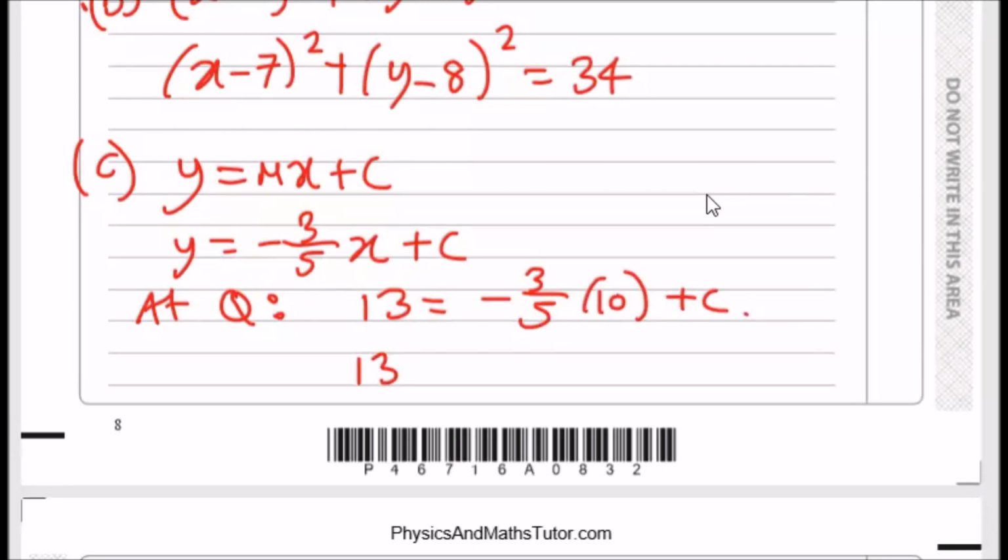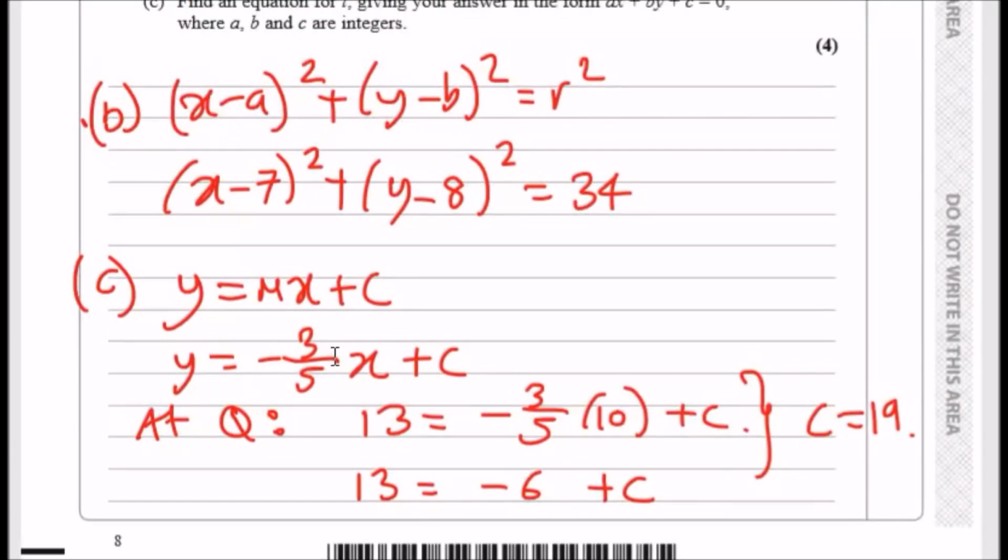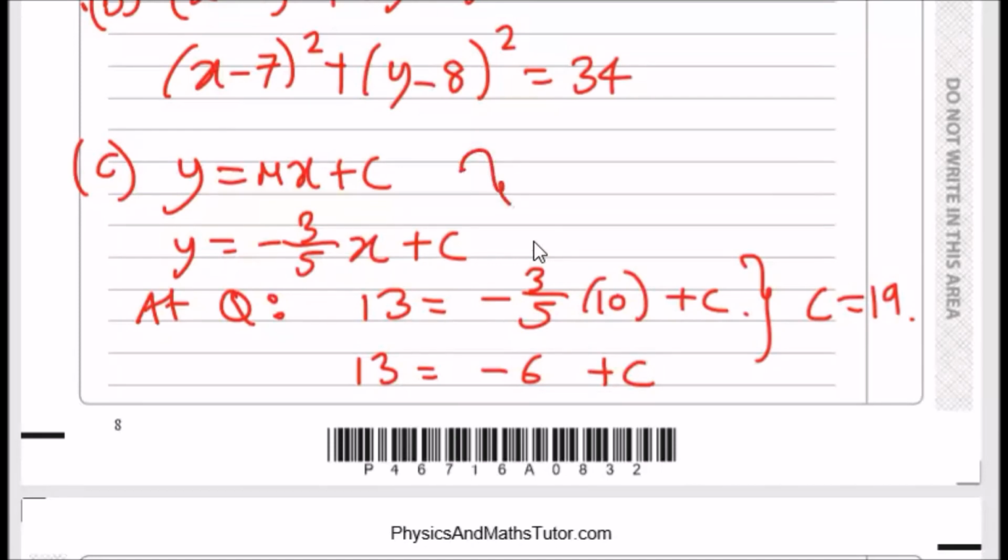Solving this, minus 3/5 times 10 gives you minus 6, plus c. Adding 6, 13 plus 6 is 19, so c is 19. Yeah, not bad. Now you just plug it back in, so the new equation is y equals minus 3/5 x plus 19.